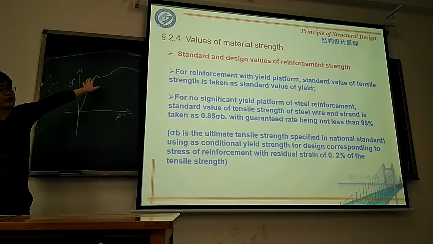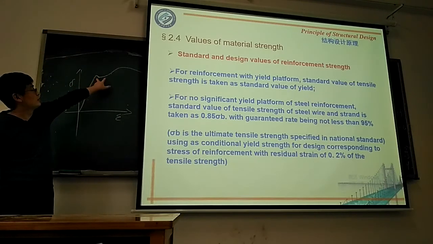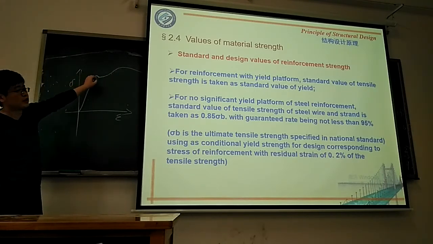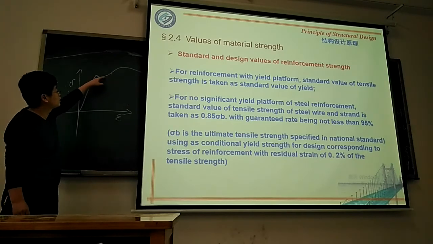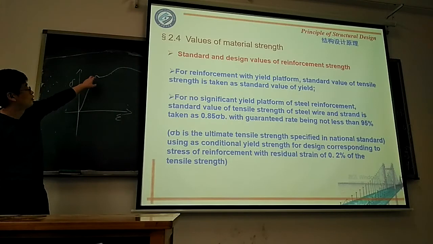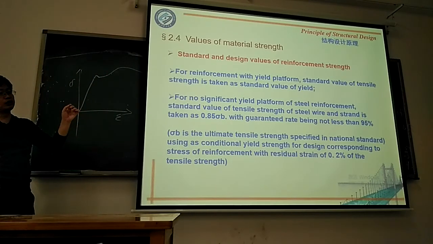Normally, if the carbon content increases, this platform will be shorter, maybe even lost. The yield platform means the reinforcement has very good plasticity.